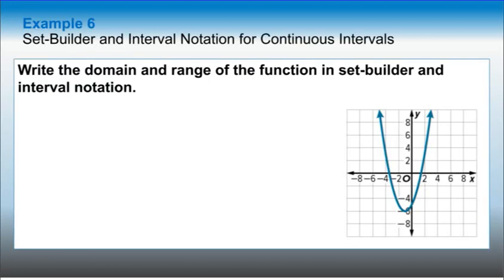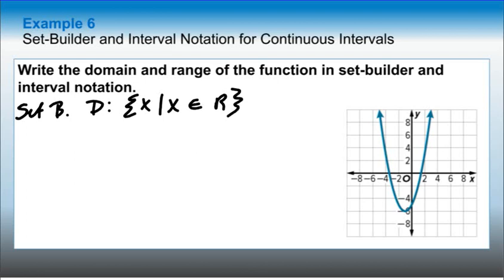So an example here. We need to write the domain and range of the function in set builder and interval notation. So set builder, first, the domain would be x such that x is an element of all real numbers.